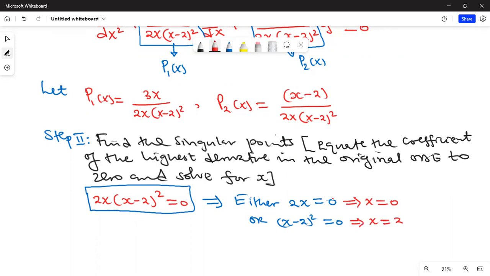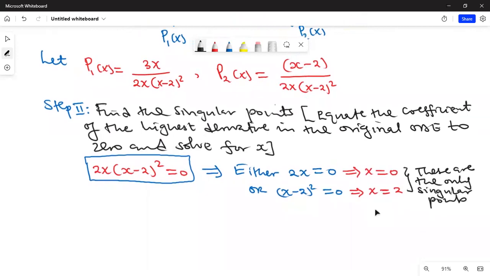So these are the only singular points. It is either x is equal to 0 or x is equal to 2. Those are the singular points.